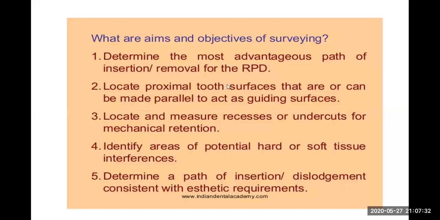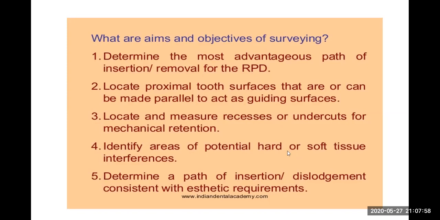The proximal tooth surface is otherwise the most bulbous area. So these are the objectives. Locate and measure recesses or undercuts for mechanical retention, that is, locate where the undercut area is. Undercut, for emphasis, is every area below the survey line, and that can be located on a tooth or on a tissue.